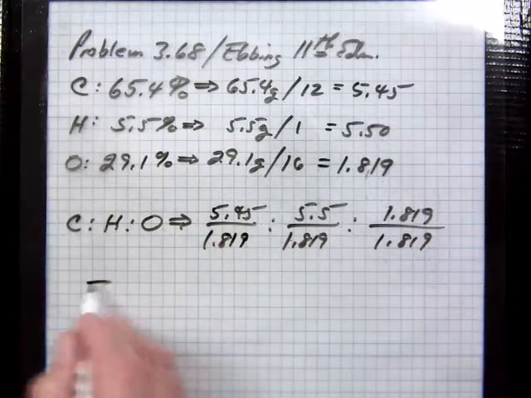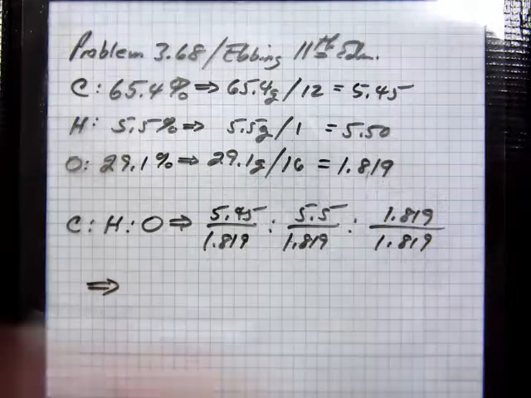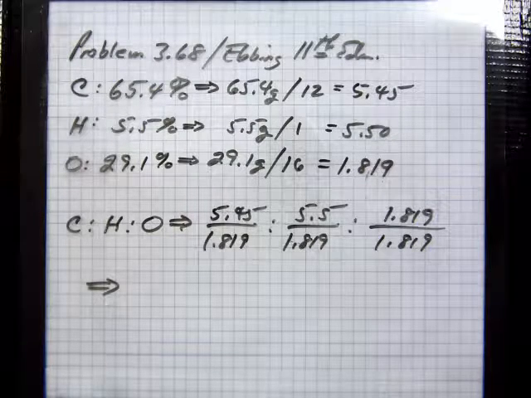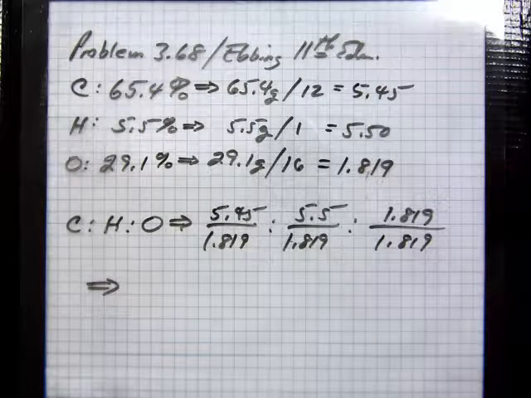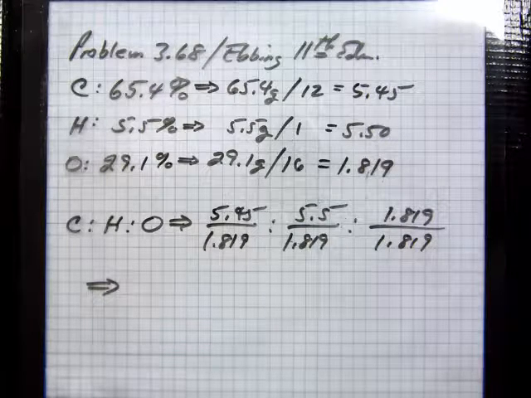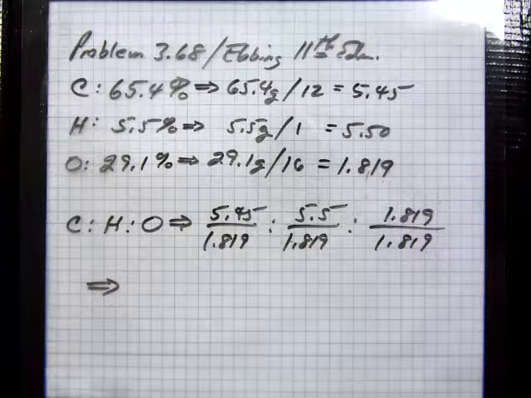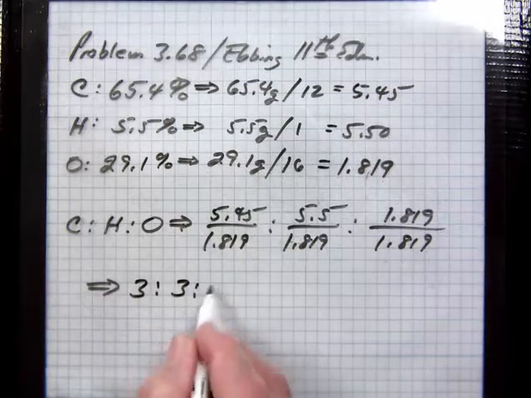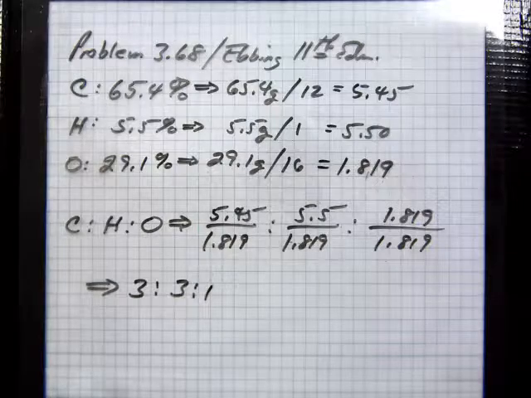And so this leads us to the empirical ratio. That's 1 on the end. 5.5 divided by 1.819, 3, 3, and 1. Okay?